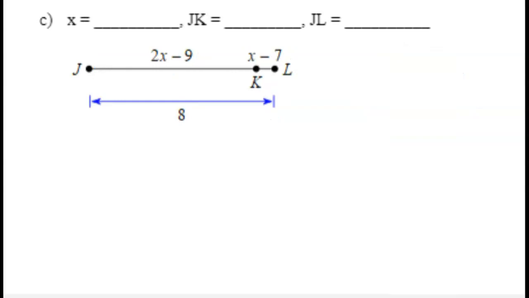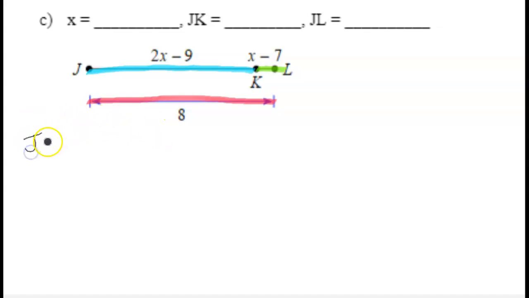All right, just a couple more examples. So here we have JK, KL, and the whole segment JL, excuse me. I'm going to go ahead and color code first. Then I'm going to get into my equation.